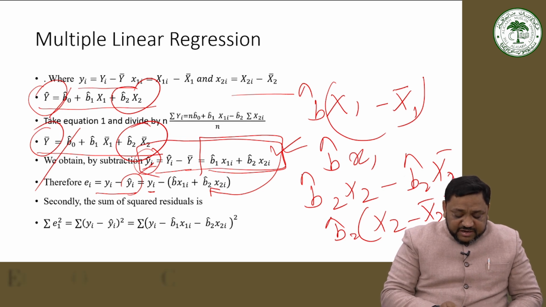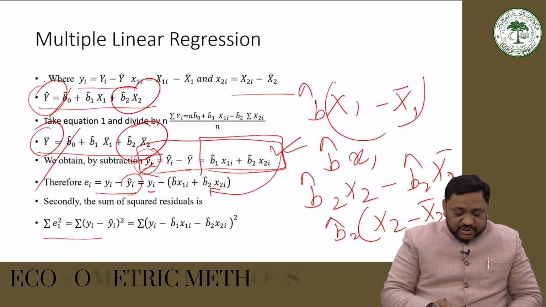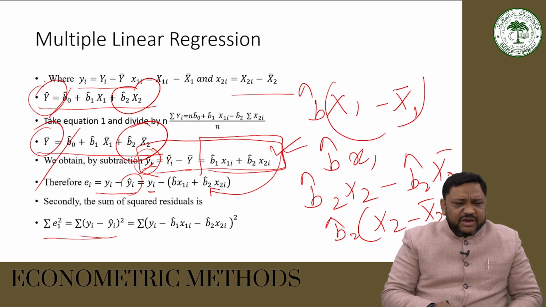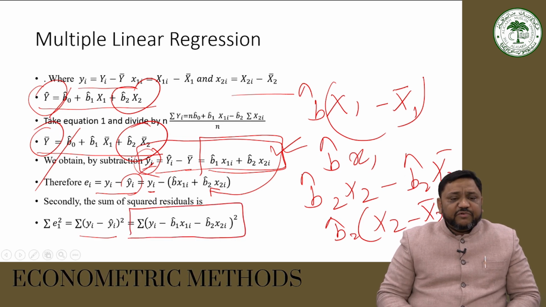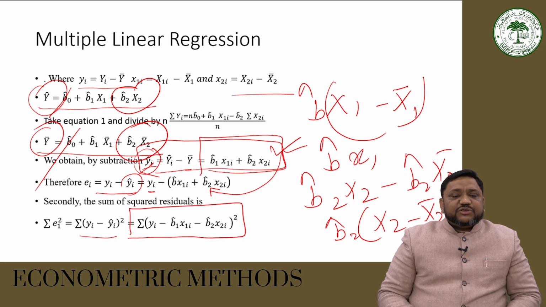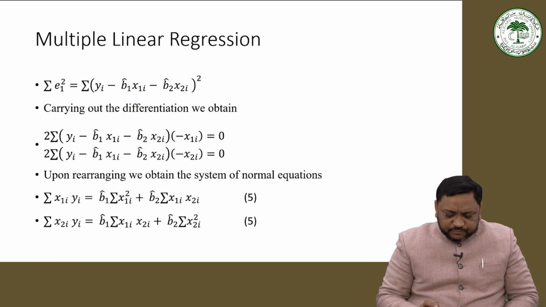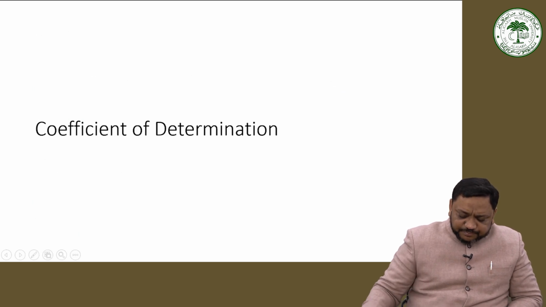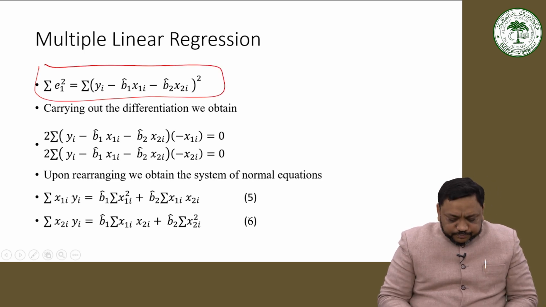So now we have the final equation: summation ei square is equal to summation of y minus y hat whole square, which is equal to summation bracket open small yi minus b1 hat small x1 minus b2 hat small x2, the whole square of it. This is the equation we are basically referring to.